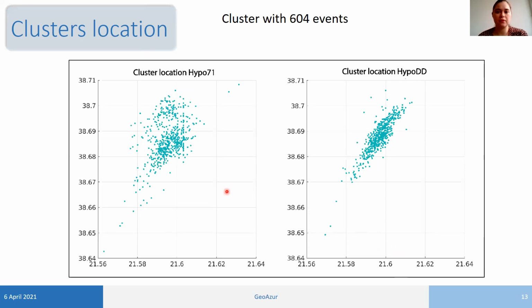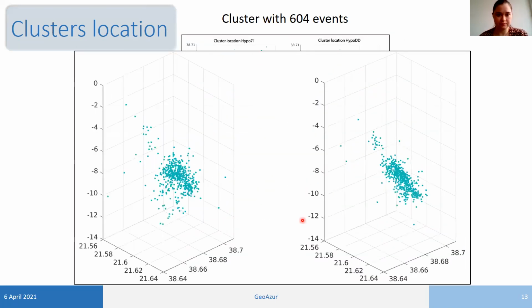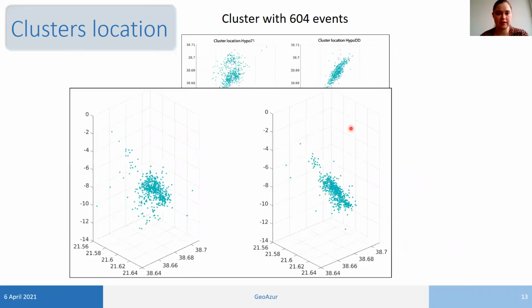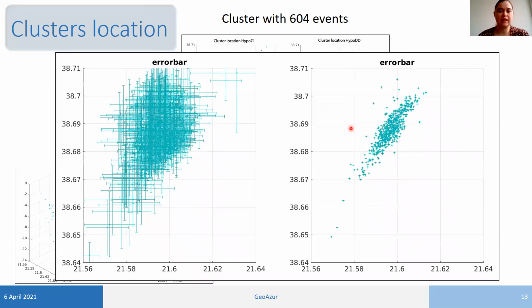Here is the map. The structures are much better highlighted on the relocation map, as we can see here. Here you can also see the structure in 3D, with what looks like a fault plane. And here are the error bars, which are clearly better with the double-difference method.